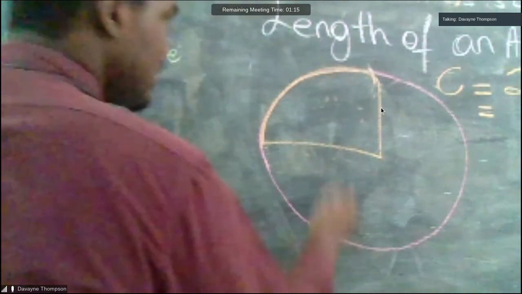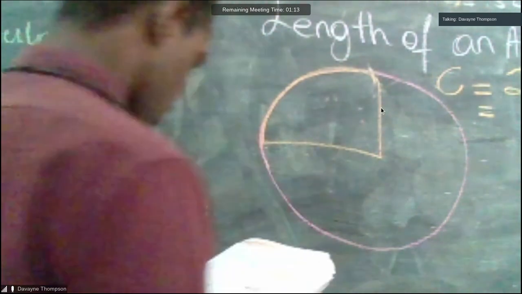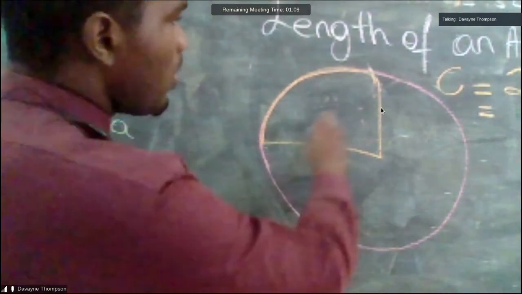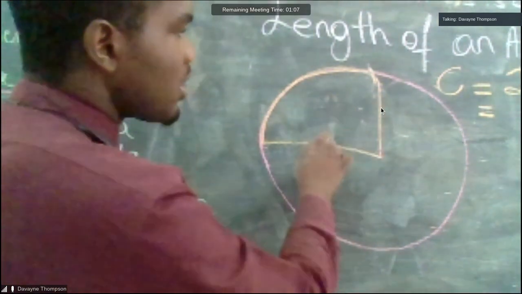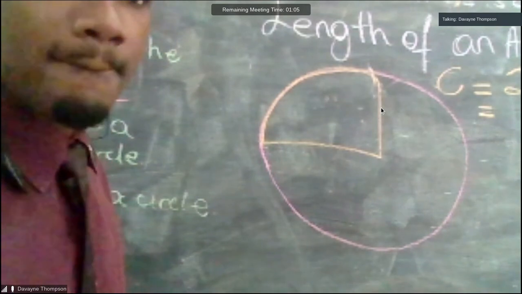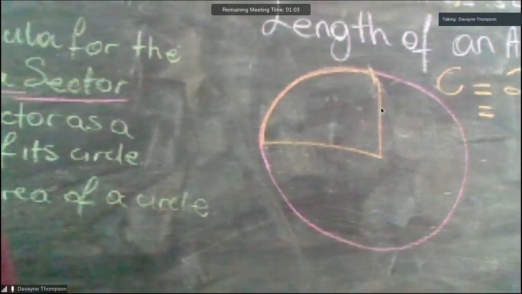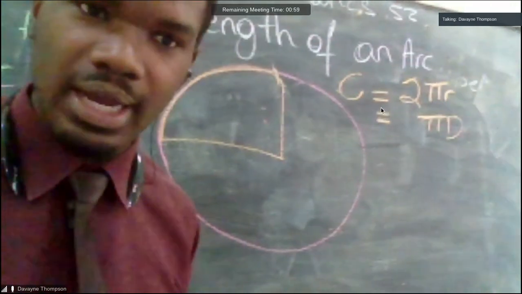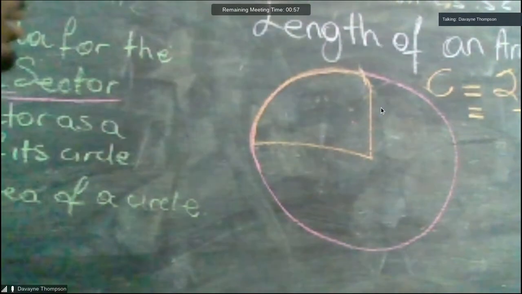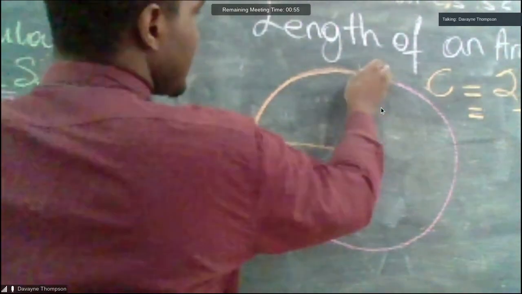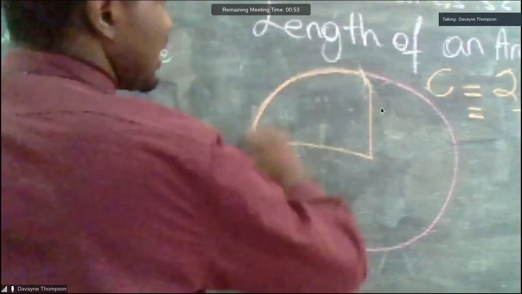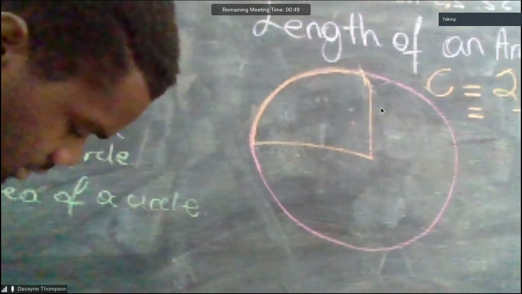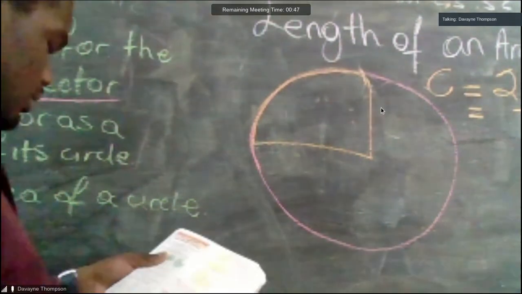To find the length of an arc, we are just going to say how much of the circle it takes up multiplied by the circumference of a circle. So this arc right here, isn't it a quarter of the circle? Yes. Alright? So stick with me now.